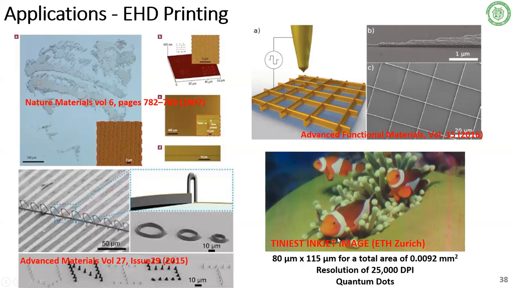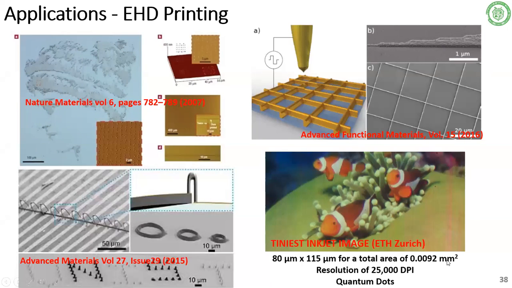And on the bottom right is the tiniest image printed through EHD printing. The image size is 800 micrometer by 115 micrometer, and the total area is 0.0092 square millimeter.